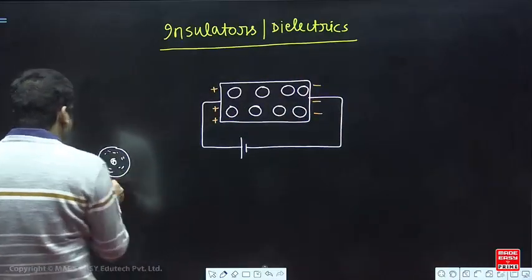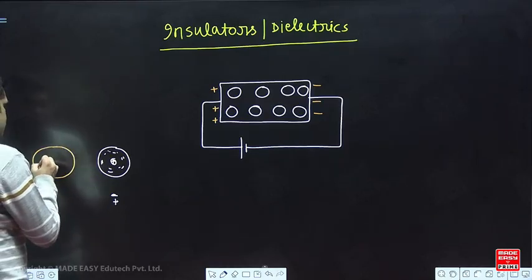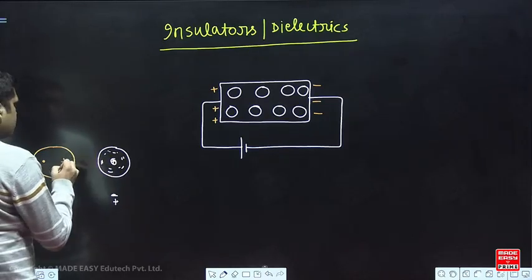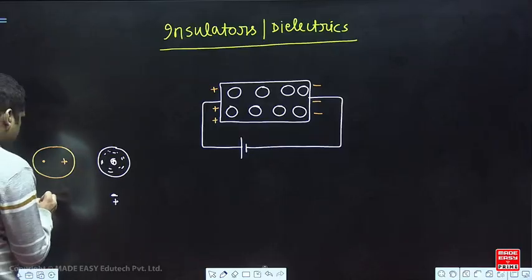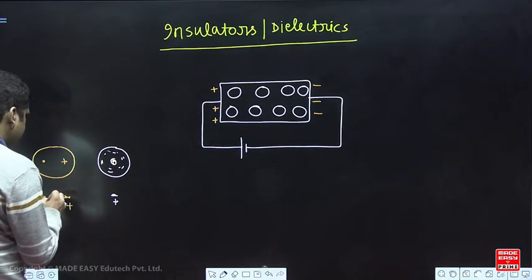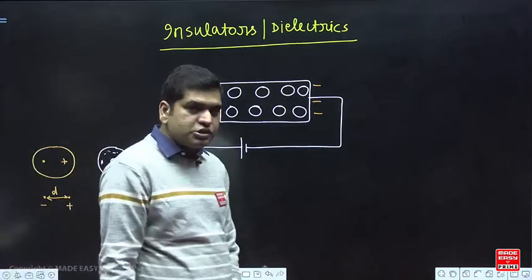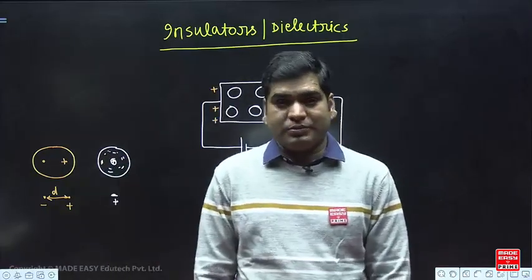Because of this attraction force, the electron cloud center will shift somewhere here and the nucleus will go somewhere here. So, there would be a distance between positive and negative charges. A distance will be created between positive and negative charges. This is known as a dipole, right?